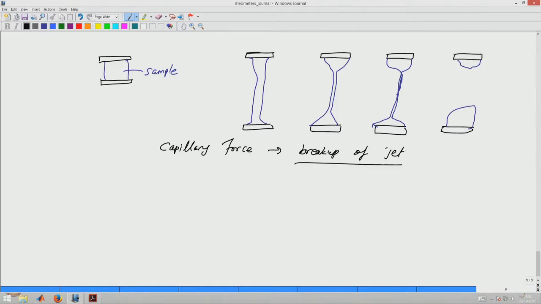But what you are doing in this case is that in the central region you have extensional flow, because fluid is moving out. So, it is like an extensional flow being achieved, and the diameter of the thread or the fiber which is being formed will continue to decrease.